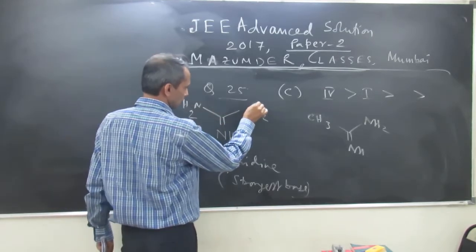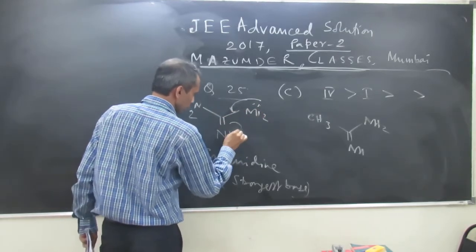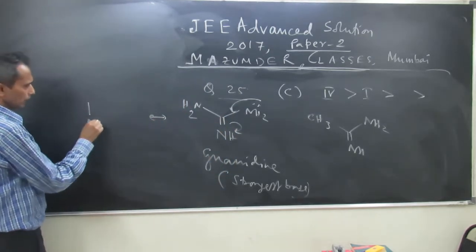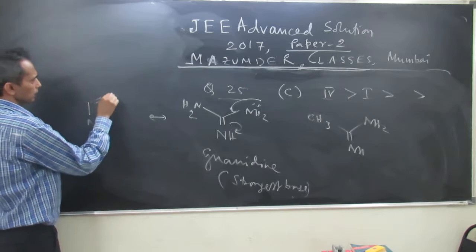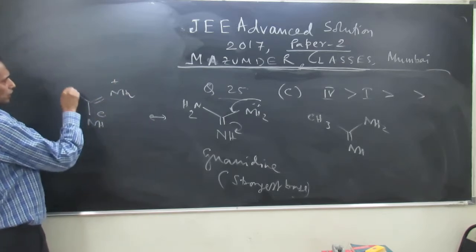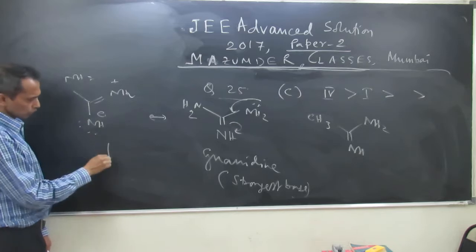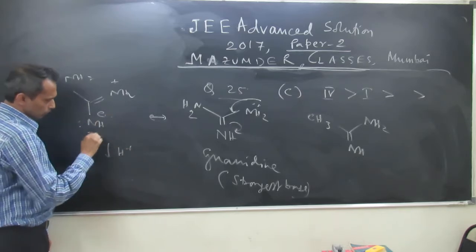What happens is that this comes and builds up electron density on this nitrogen, so you can say double bond NH2 plus. There is a huge electron build-up on this, so it basically donates the lone pair to the proton.